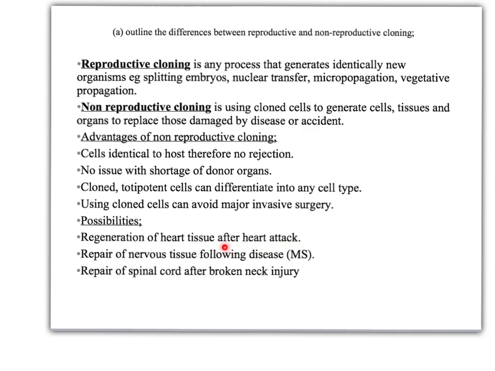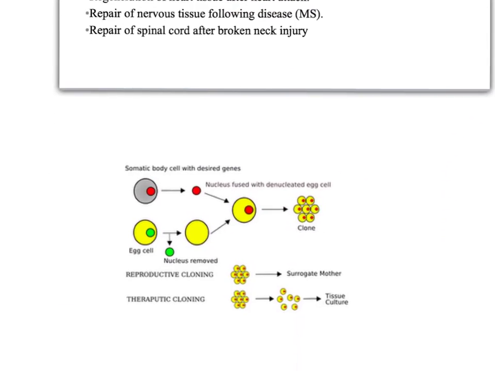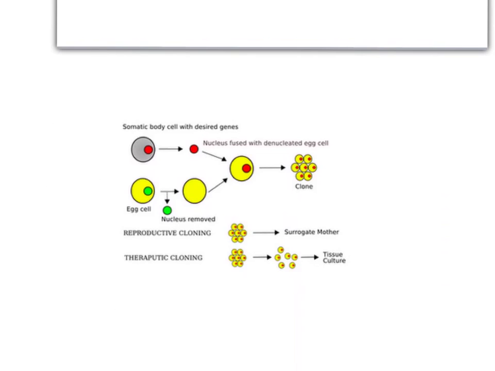Anyway, a little diagram down here just to outline the differences between cloning to produce individuals and cloning to produce cells. So here's typically how we might produce a clone. We've got a somatic cell which has a nucleus of the organism we're trying to clone.